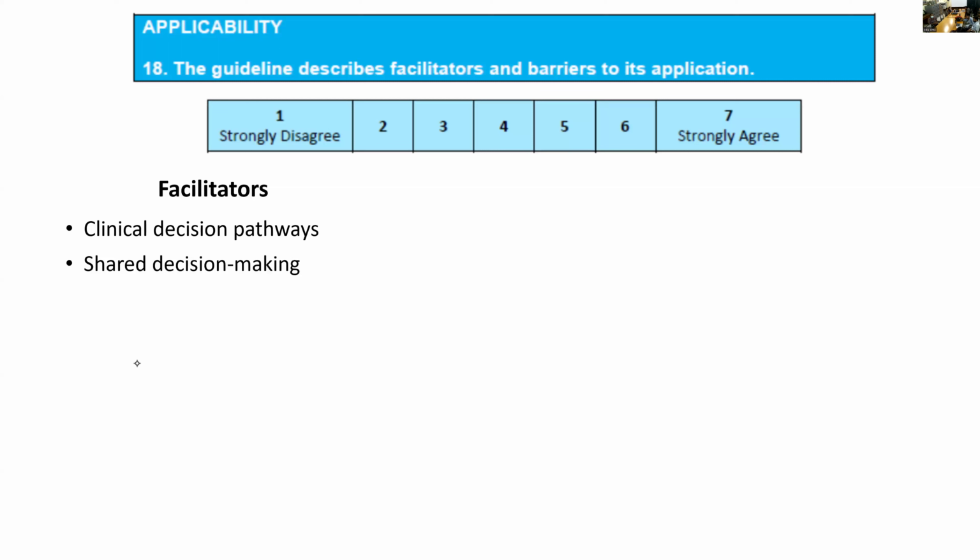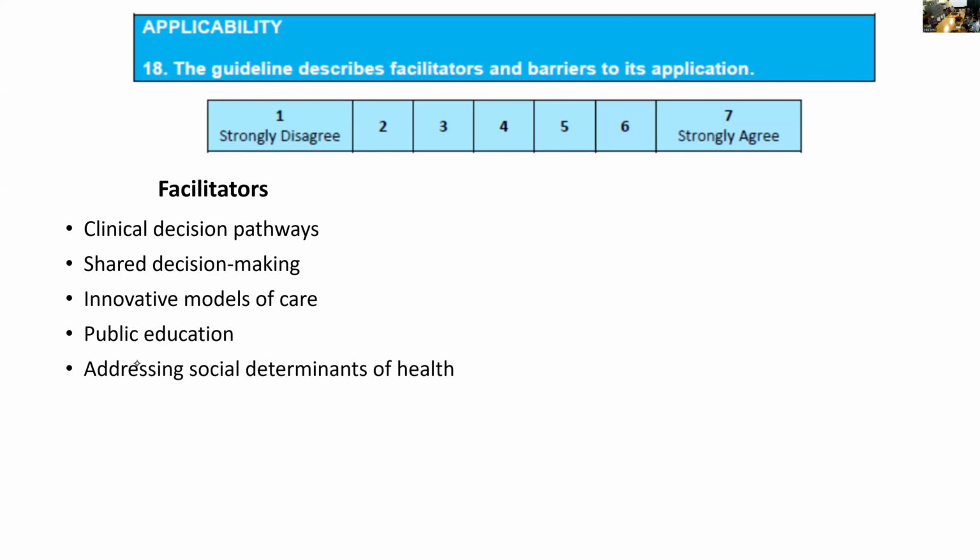Shared decision making is engaging the patients in selecting the intervention based on their financial needs, comorbidities, etc. Innovative models of care: they had, for example, tried to incorporate home-based and hybrid cardiac rehabilitation, public education, looking at social determinants of health. So addressing all these things would facilitate the uptake of the guideline.